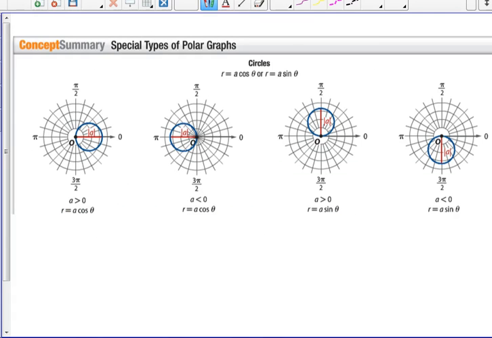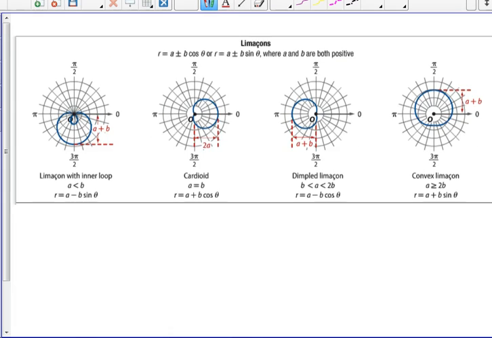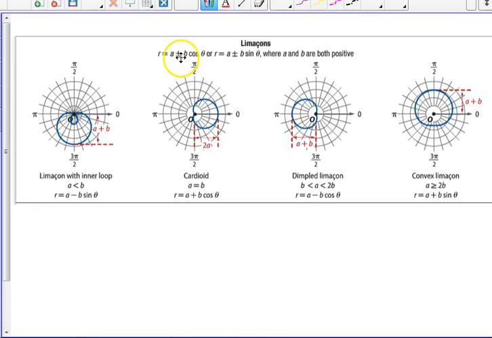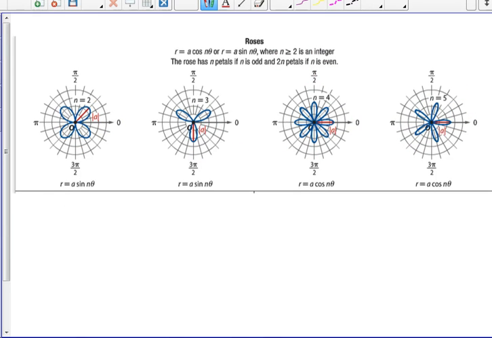Okay. The only thing on the reference sheet I really want to go over, though it explains what stuff is here, guys. It says if you have a number cosine theta or a number sine theta, you get a circle. It says up here if you have a plus or minus b cosine or sine, then you get some kind of limacon, and it tells you how you can determine which it is. This is what I want to talk about right up here.